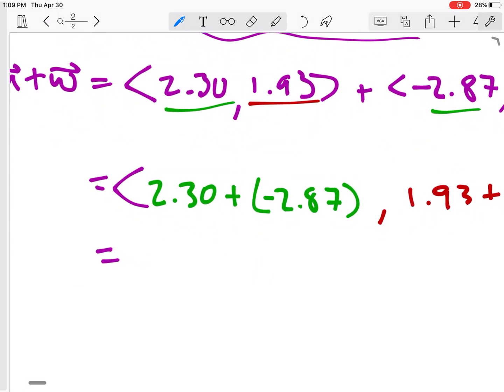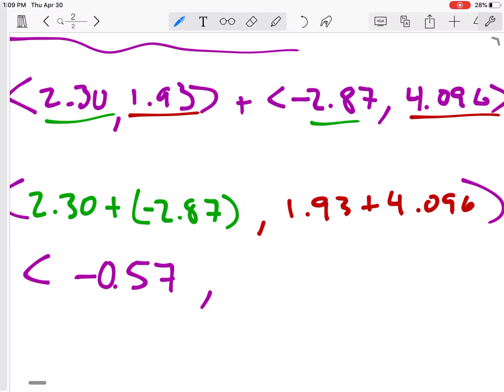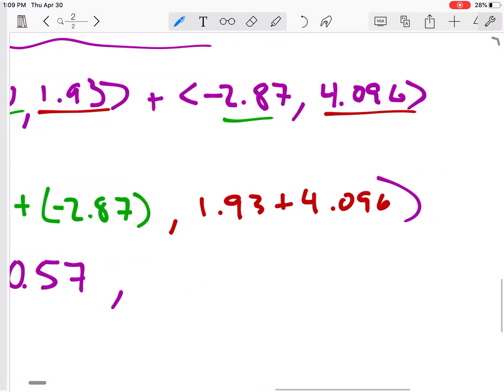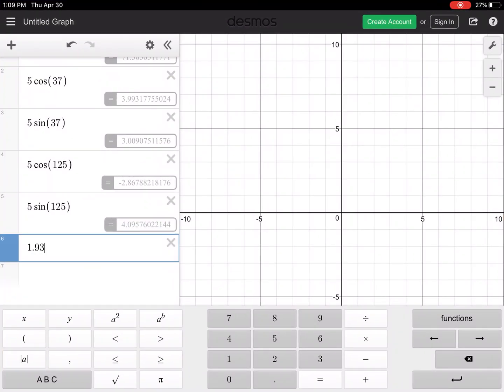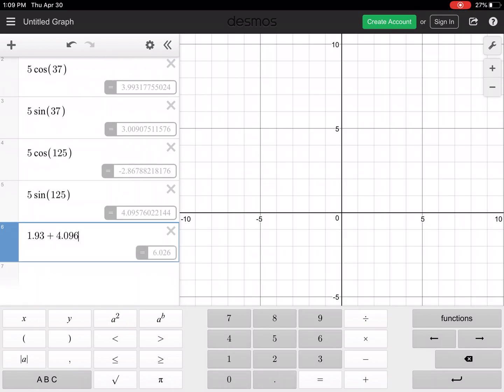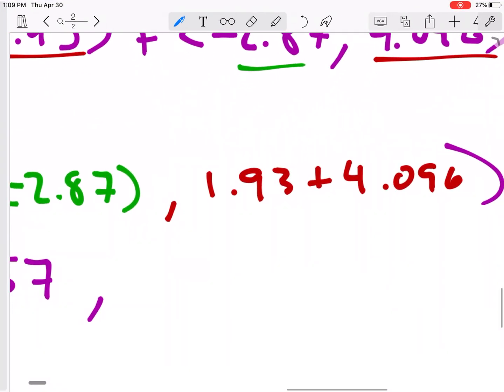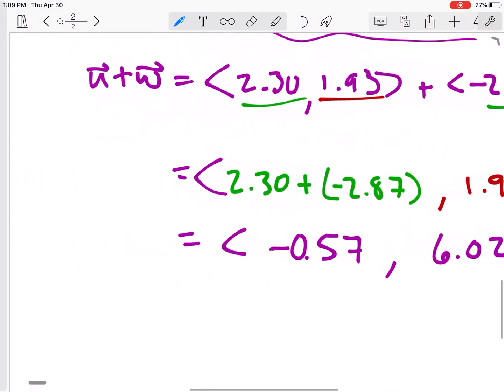Add these together, and we should get negative 0.57. And when we add 1.93 and 4.096, I'll use a calculator. It is 6.026. So there is the component form of that sum.